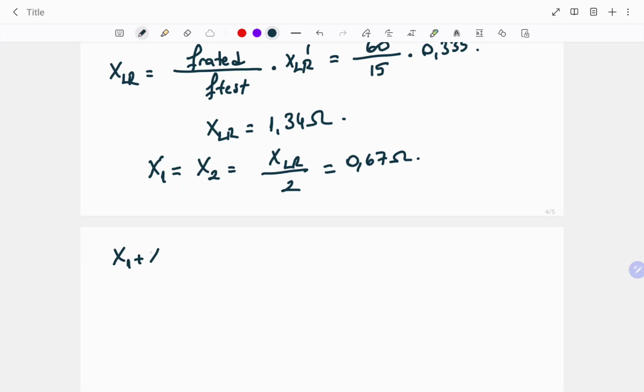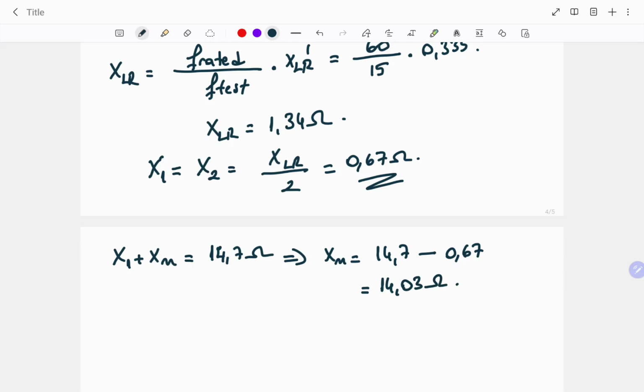From the no-load test, X1 plus Xm together is 14.7 ohms. So Xm can be calculated as 14.7 minus the X1 value 0.67. That means 14.03 will be Xm itself.